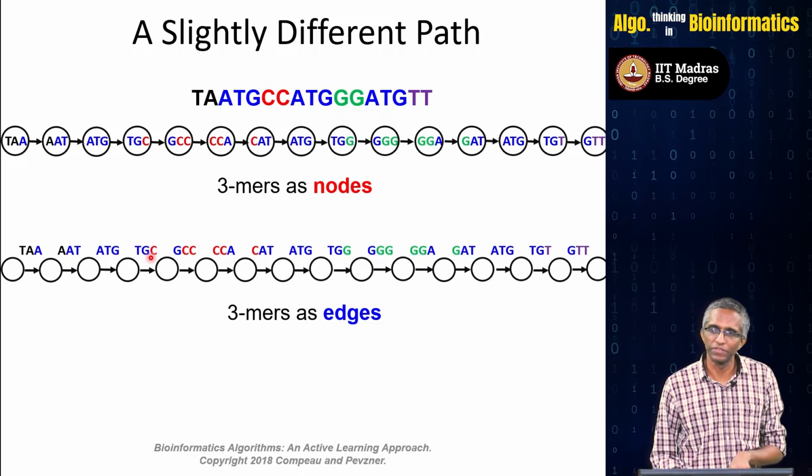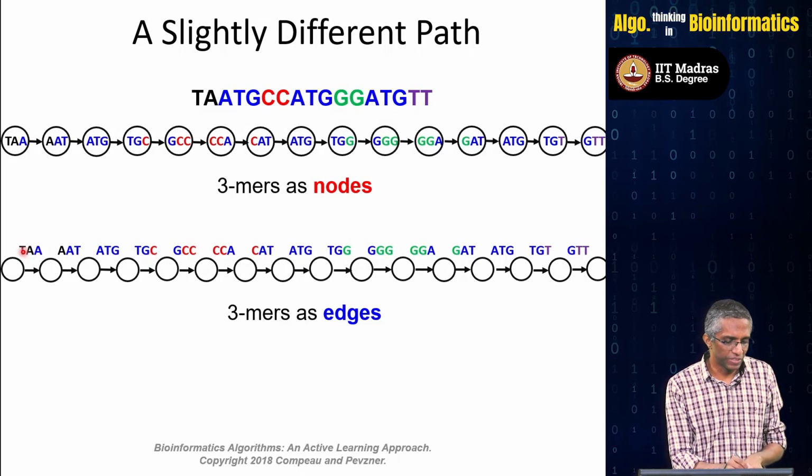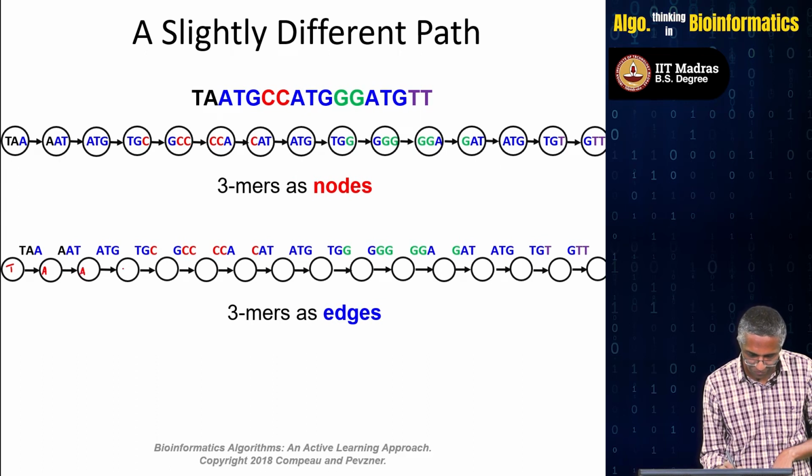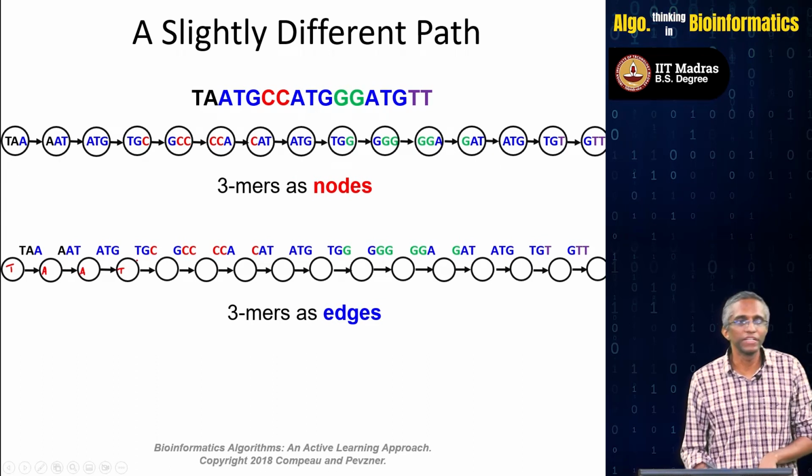With which substrings? So the starting letter, you mean the TAA, you will start with T, and then the AAT will be A. Okay, so that is one approach. So you are saying that you will write down, let me just write it down, you will put T here, you will put an A here, and this will be an A, and this will be T, and so on, right?